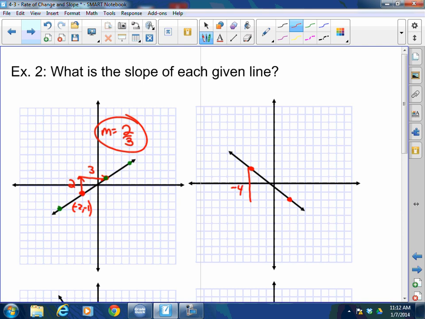Remember that if you rise, it's positive, but if you fall, it's negative. So I went down 4, and I'm going to run 1, 2, 3, 4, 5. Down 4 over 5. So my slope here is negative 4/5. Is this making sense, my friends?